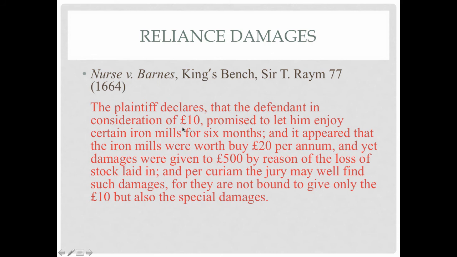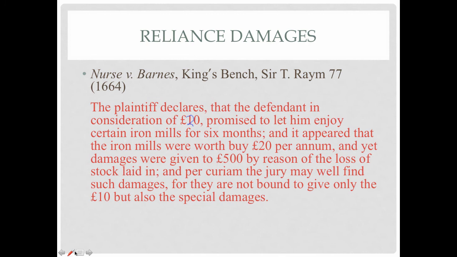If it in fact had been the tenant who was breaching, the landlord can't come back and say, well, this mill I was giving you a special deal. This mill was actually worth 20 pounds for over a 6-month period, and so you should pay me 20 pounds. The landlord can't do that.